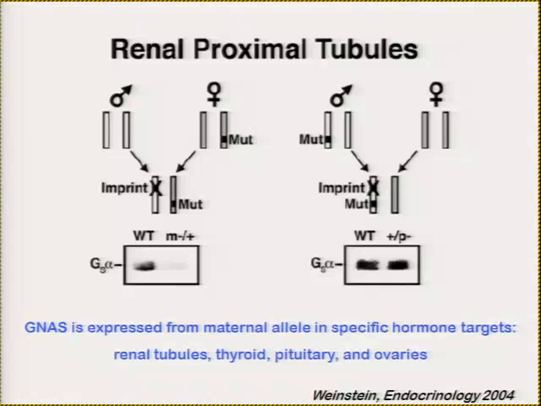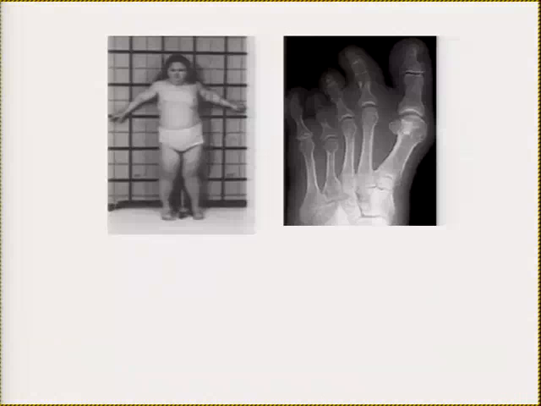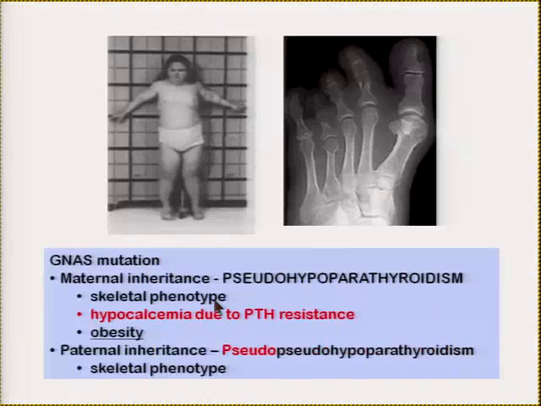So there's a very mixed phenotype in the pseudohypoparathyroid. Here's a girl who got the mutation from her mom. She has the skeletal phenotype, and with this in the mom, this is called pseudohypopara.